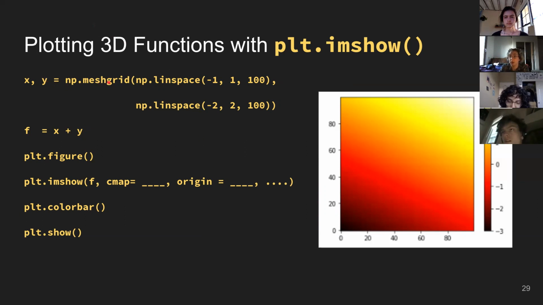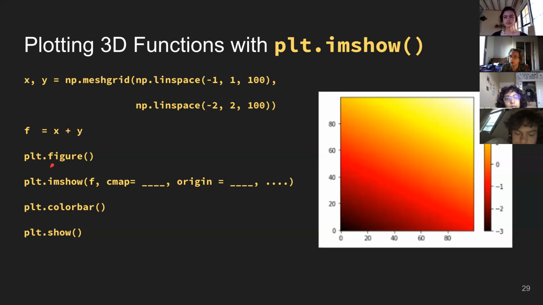Use np.meshgrid, and it basically combines two linspaces. In this case, X goes from -1 to 1 with 100 evenly spaced steps. And then the y-axis is np.linspace from -2 to 2, 100 evenly spaced steps. And our function's simple. We're just going to say that f is equal to x plus y.